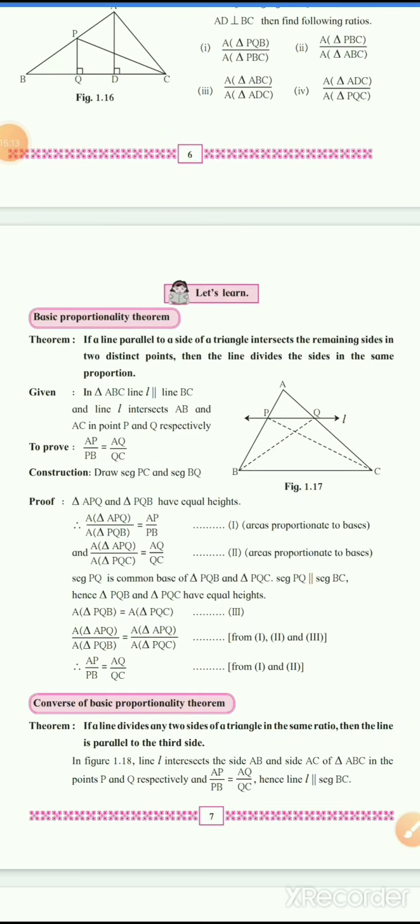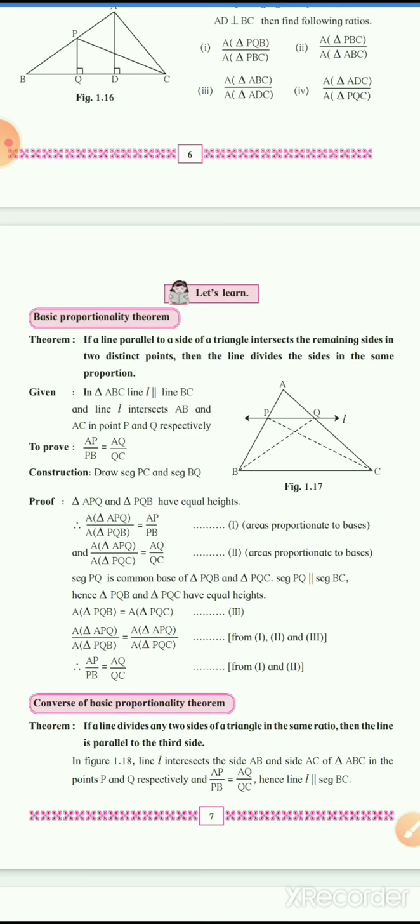Now once again I am explaining you. First of all, the theorem: if a line parallel to a side of a triangle intersects the remaining sides in two distinct points, then the line divides the sides in the same proportion.